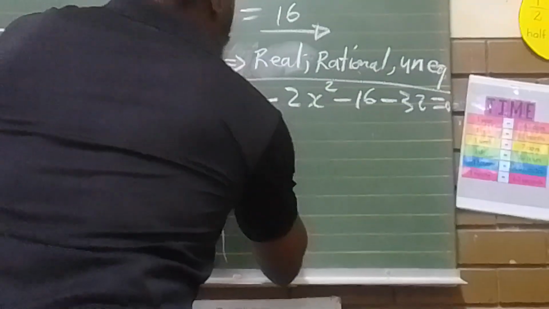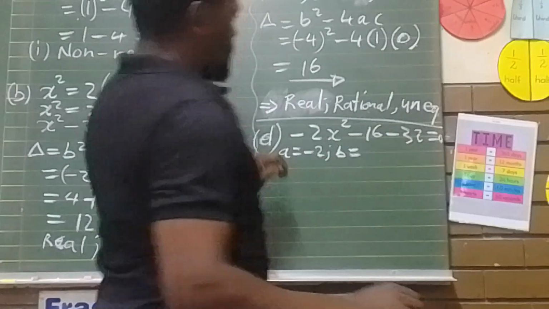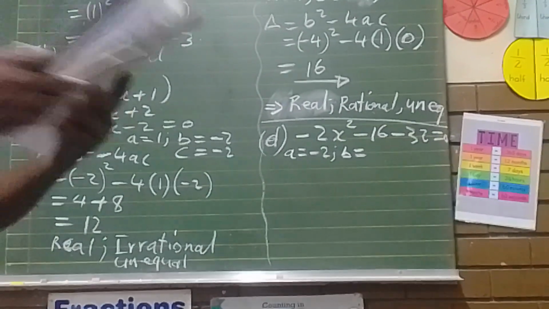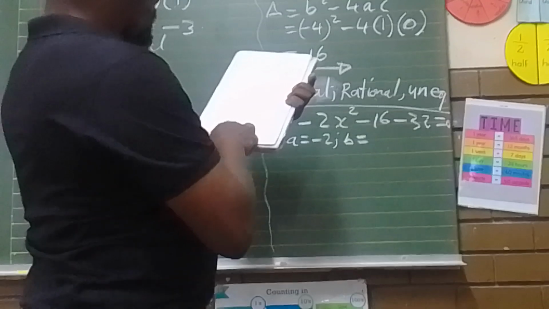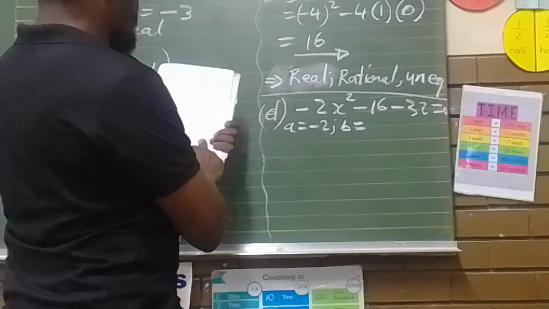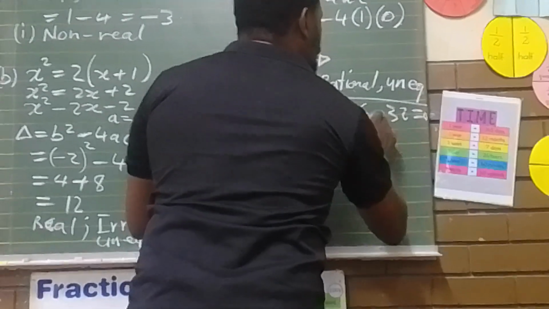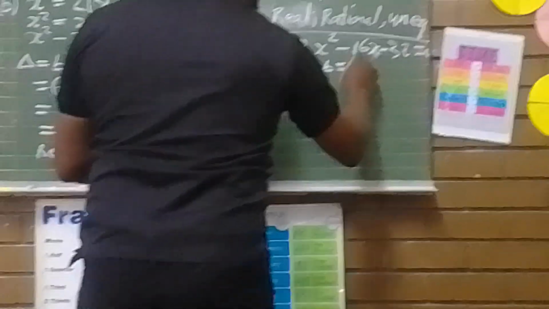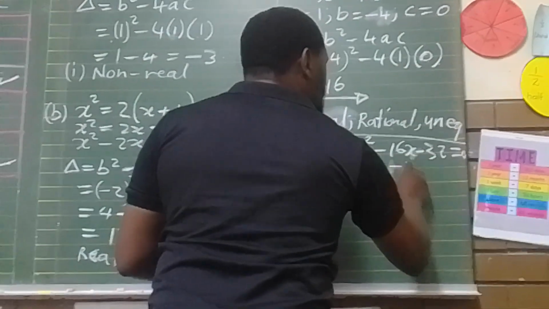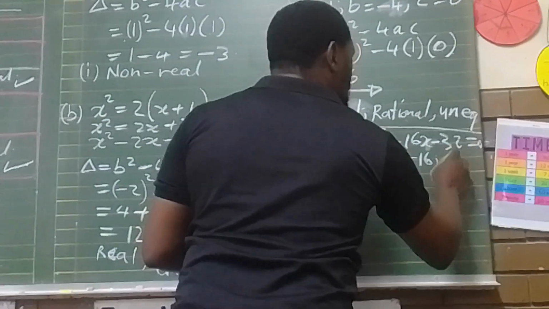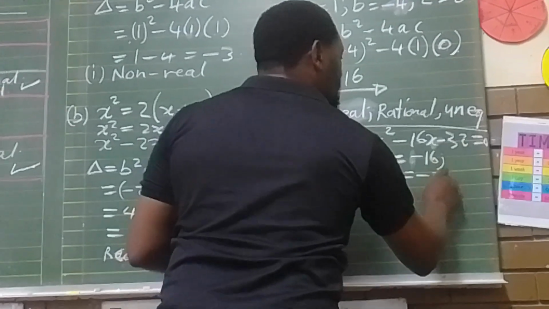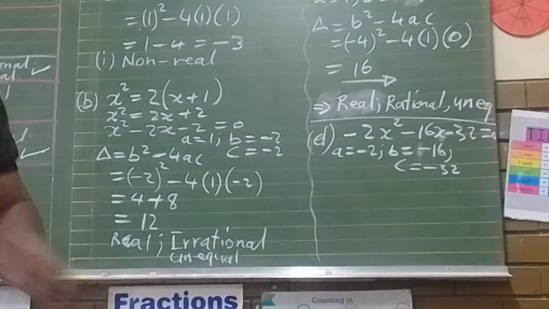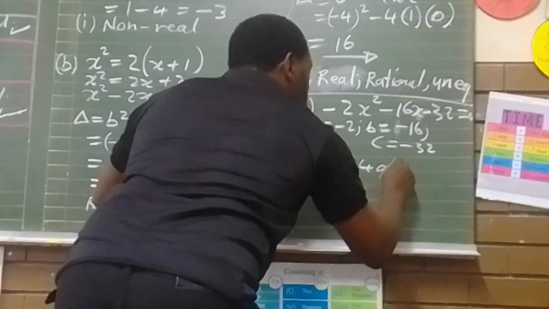Your a here is minus 2, your b is minus 16, and c is minus 32. Quickly, discriminant is equal to b squared minus 4ac.